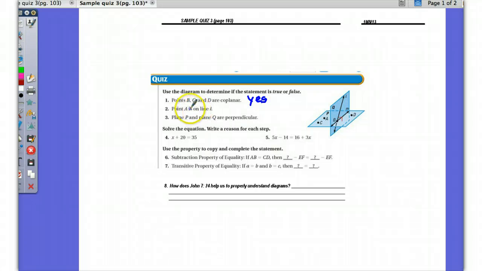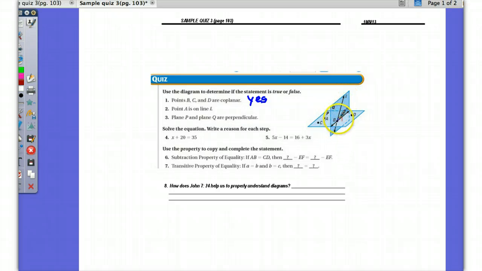But the second one says point A is on line L. So here is point A over here. Clearly point A is in this plane here called P. And when you see a capital in a plane without a dot beside it, that's the name of the plane. So A is in plane P, certainly not on line L. This is line L right here.